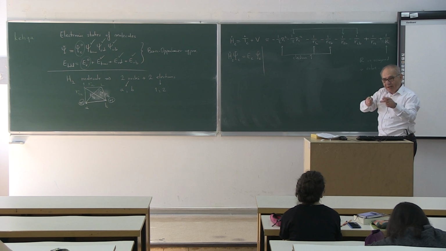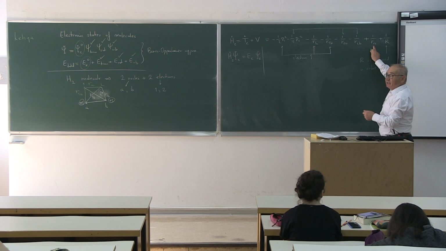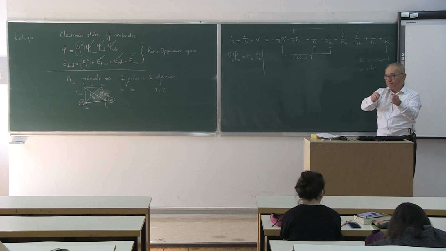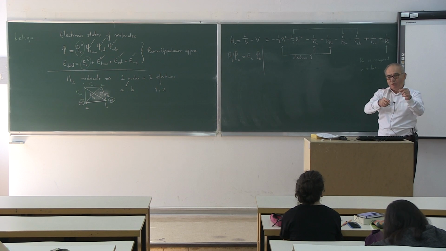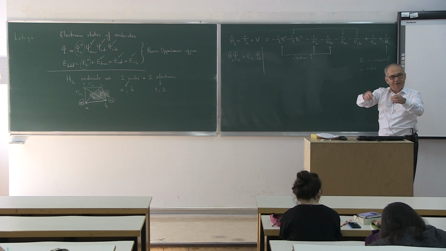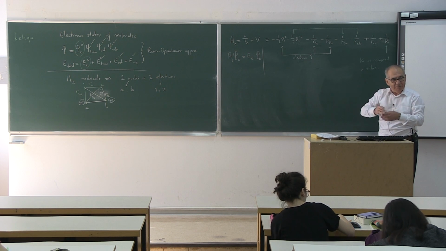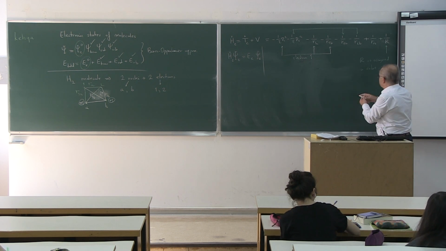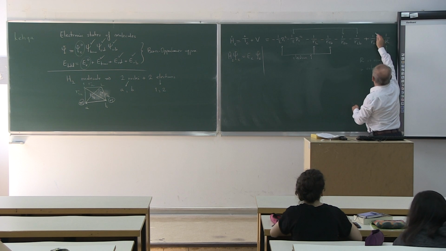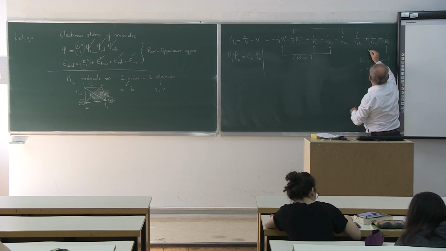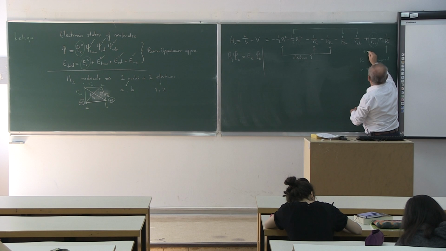This expression contains variables of both electrons, and this expression cannot be written as a sum of two terms. One term containing variables of the first electron, and the second term containing variables of the second electron. It cannot be done. Therefore, this term is the troublesome term.